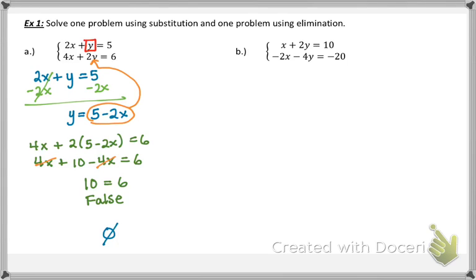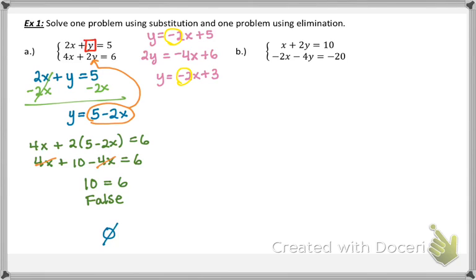And even if you don't graph, if I try to rearrange it, the first equation is y equals negative 2x plus 5, and the second equation is going to be 2y equals negative 4x plus 6, and then divide by 2, y equals negative 2x plus 3, and you can see that they have the exact same slope.